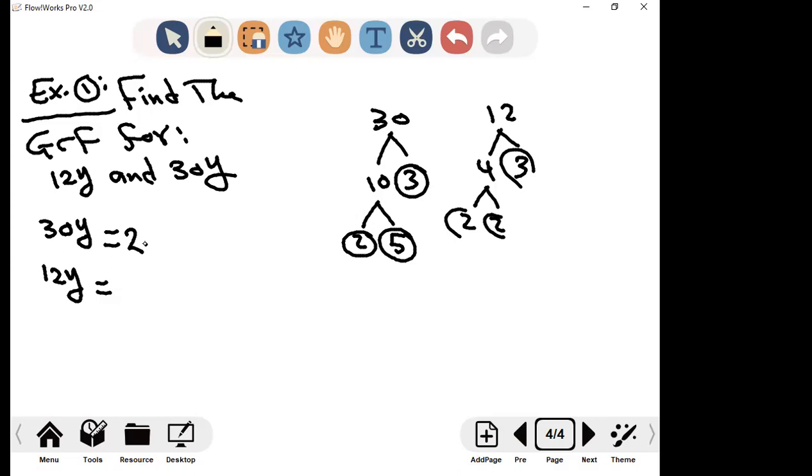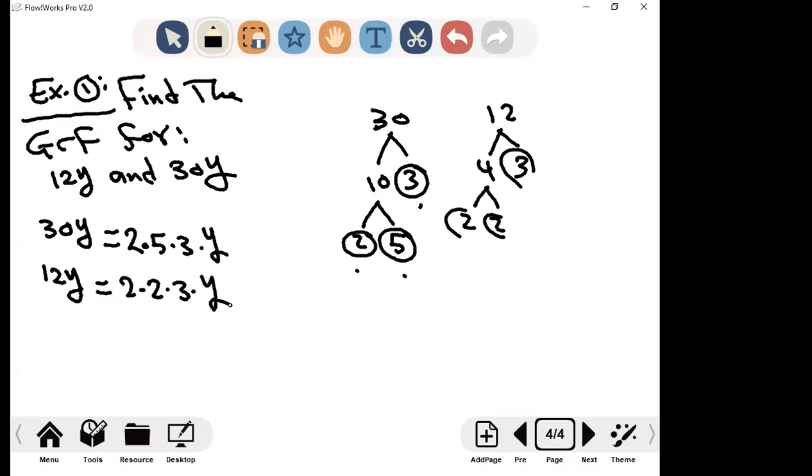So here I will use the dot as multiplication. So 30y is 2 multiply 5 multiply 3 multiply y. The y is not part of 30, see, it is multiplied. And 12y is 2 by 2 by 3 multiply y.